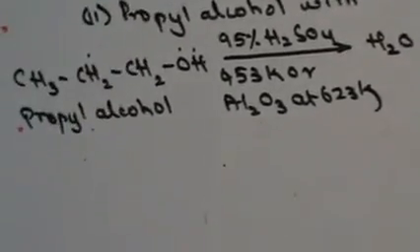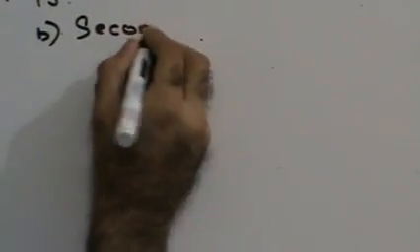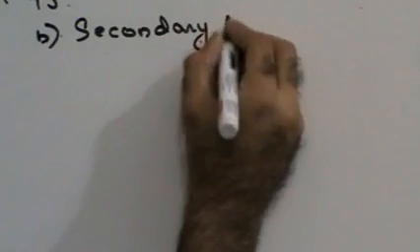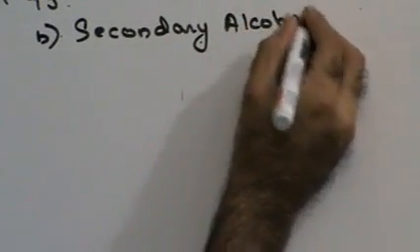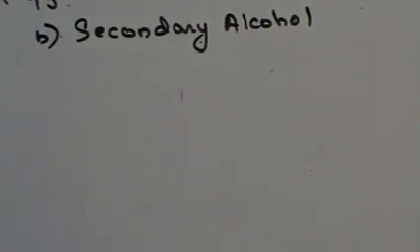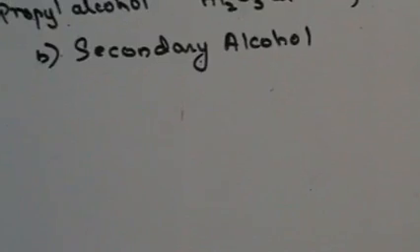Next, similarly, let us try to do with secondary alcohols. We did with primary alcohols. Let's try this reaction with secondary alcohols. What happens when sec butyl alcohol is treated with 60% sulfuric acid?